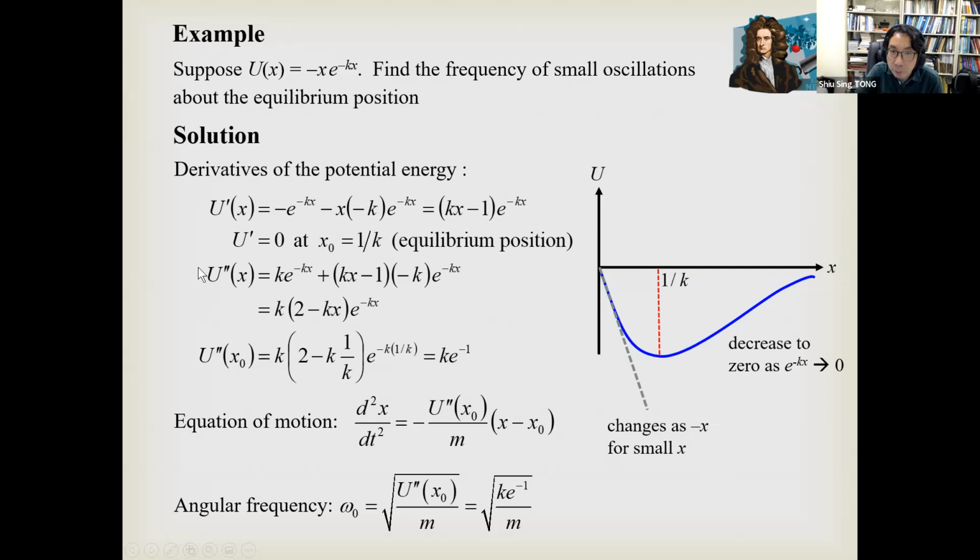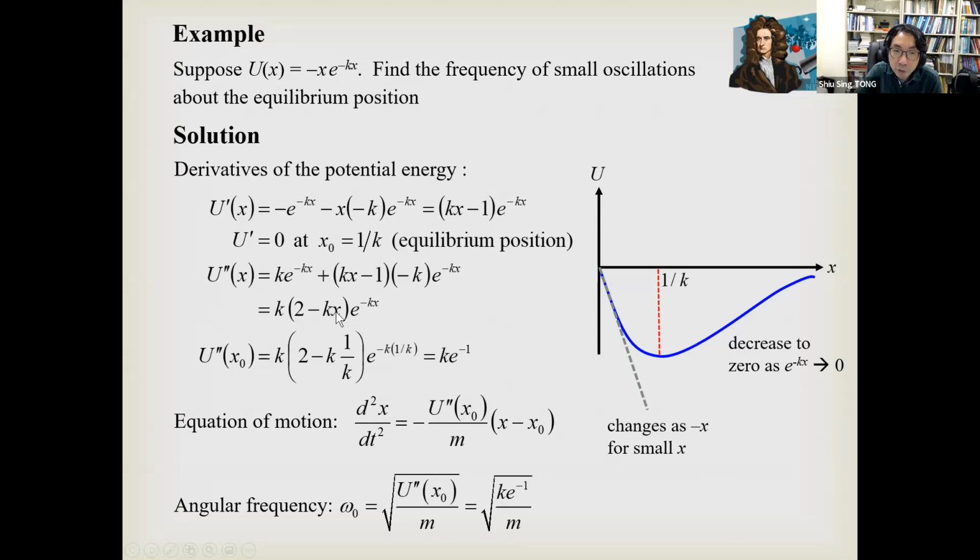Let's go to the second derivative. I use the product rule to differentiate this product again. And after some algebra, I will not go into the details here. I think you can follow it yourself. And that becomes something like this. This is the second derivative. But according to our rules, we have to find the second derivative at the equilibrium position, which is 1 over k.